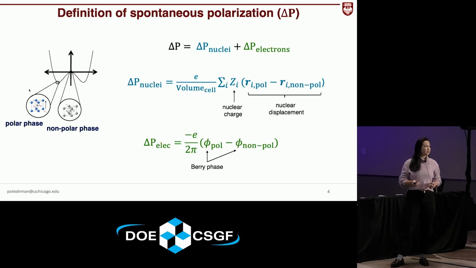In contrast, electrons are quantum mechanical in nature, so they aren't necessarily well localized. To find an electronic analog for displacement, we have to use a difference in these objects called Berry phases, and this is really challenging and non-trivial to compute. So the rest of this presentation is on explaining why this difference is challenging to compute and how we address these challenges.